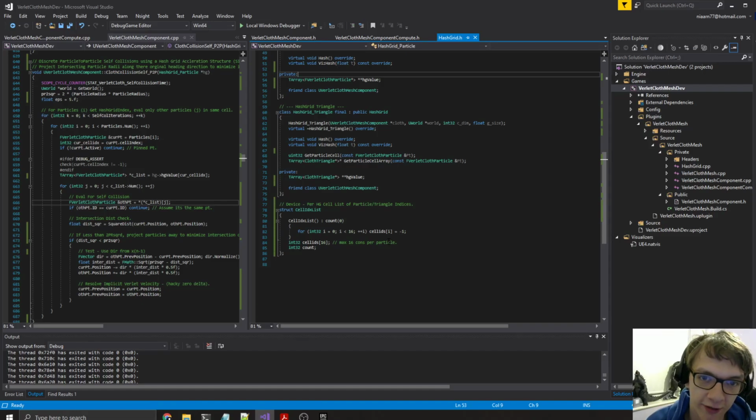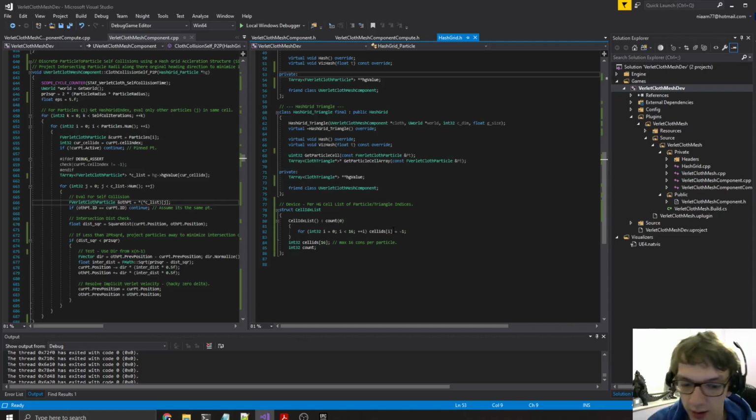So we could potentially have 1,000 cells allocated for the whole hash grid, which is unbounded technically. It defines the whole 3D real space of where the cloth lies. And each cell contains particle indices to the particle array.